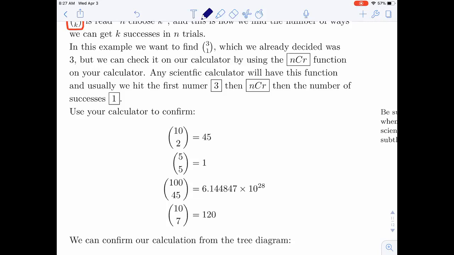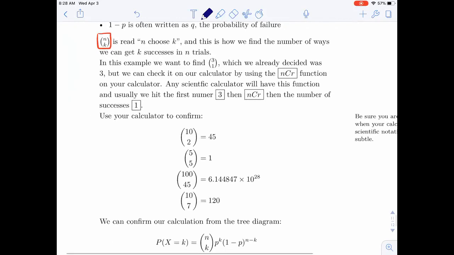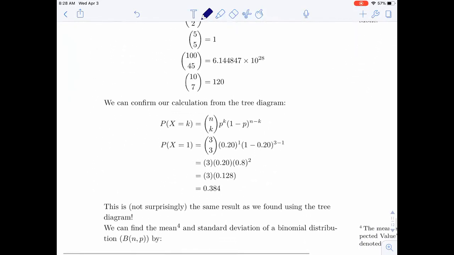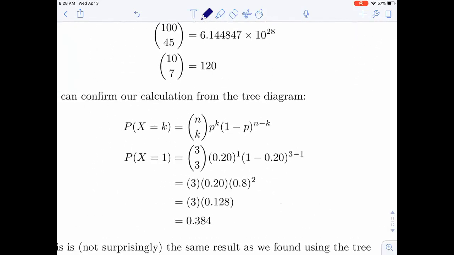And then 10 choose 7, why not? 120. So as far as our calculation goes, there's actually a typo here. I'm only looking for one success, so it should be 3 choose 1. Copy paste error.